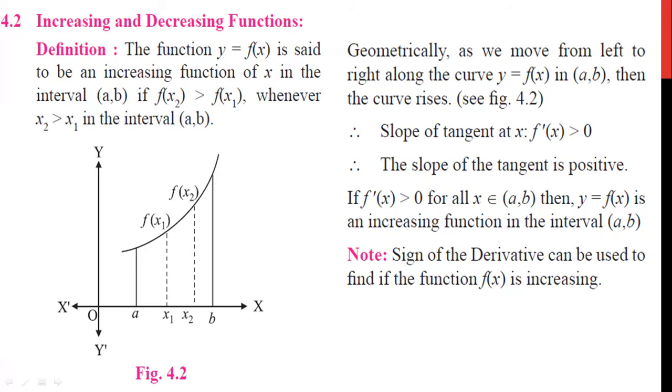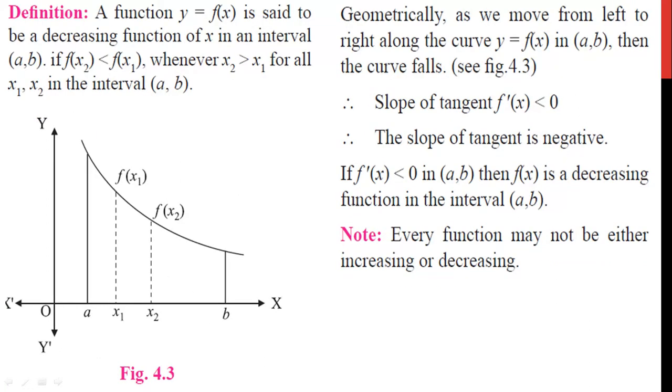So if f dash x is greater than 0 for all x belongs to AB, then y is equal to f of x is an increasing function in the interval a comma b. Note that the sign of the derivative can be used to find if the function f of x is increasing. What we have to remember is that the function is increasing when f dash x is greater than 0 for all x belongs to that interval. So remember the definition of increasing function, and this is the graph of increasing function.